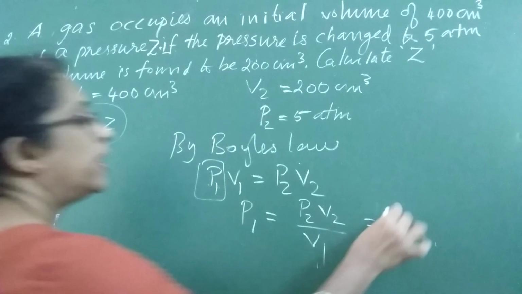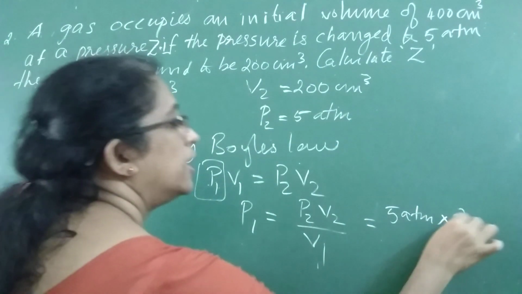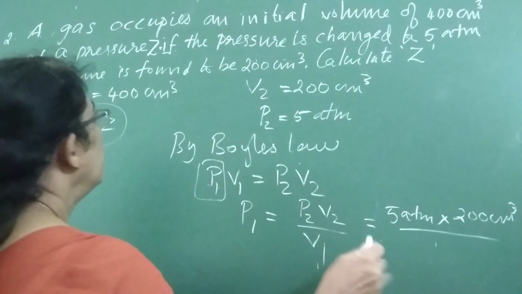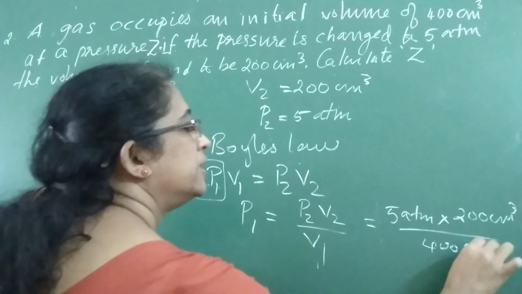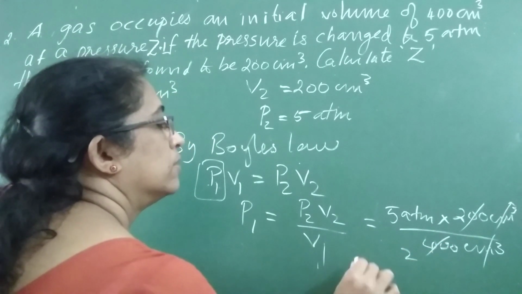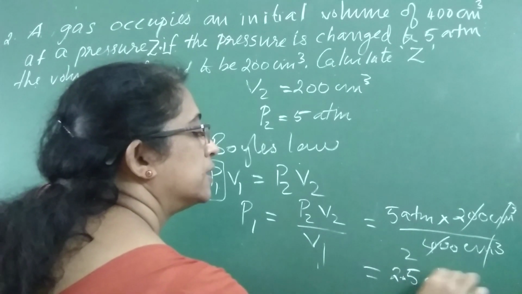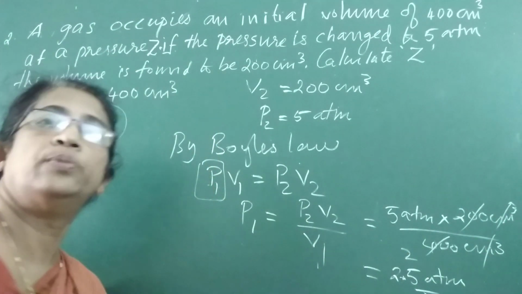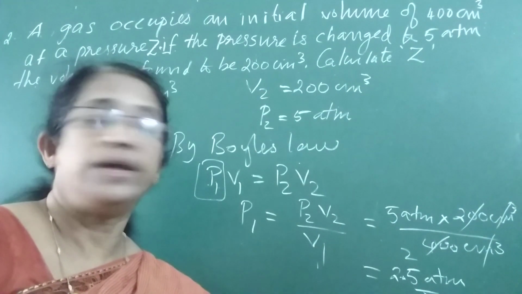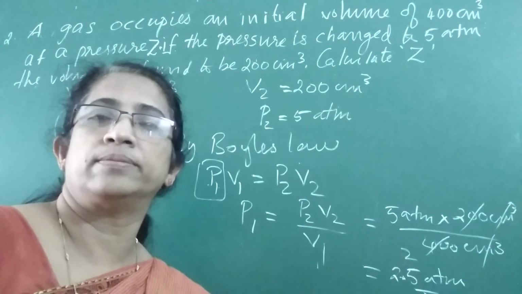P2 is 5 atm into V2, 200 cm³, divided by V1, 400 cm³. So the answer is 2.5 atmosphere. Result: the initial pressure P1 is equal to 2.5 atmosphere.